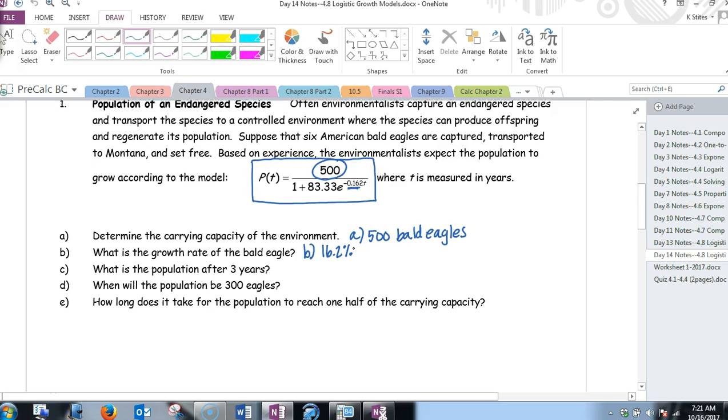Population after 3 years. We are going to plug a 3 in for t. So a lot of this is just plug it into your calculator.